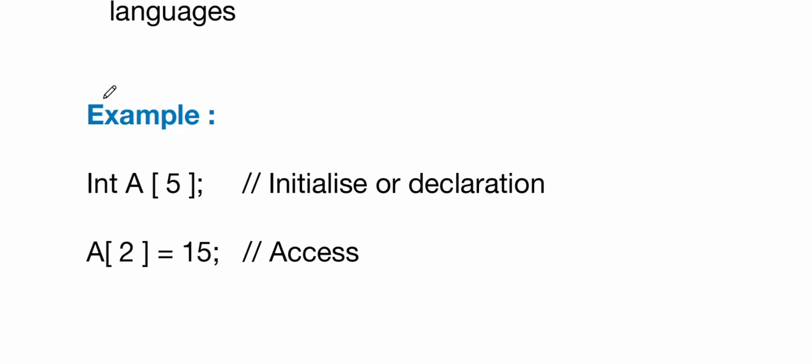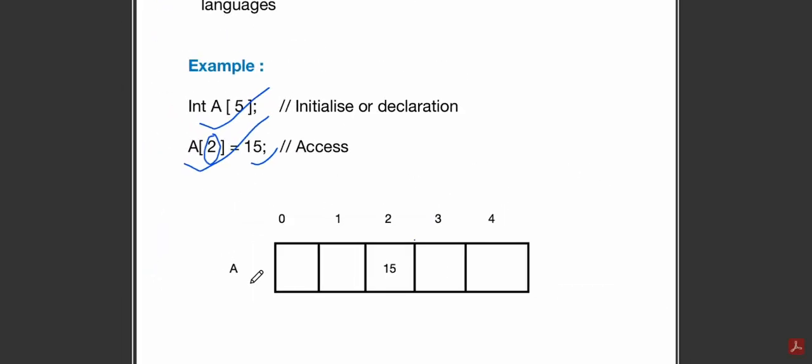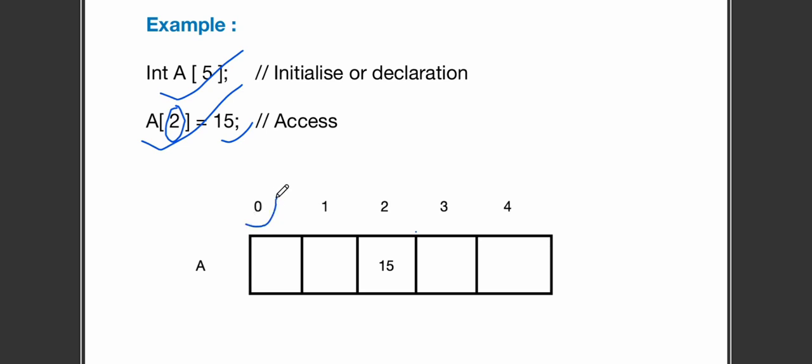So here is the declaration of array. Here is the 5 element, and the third element is 15, because we start the index values from zero. The first index value is not defined, so it prints the garbage value 0.